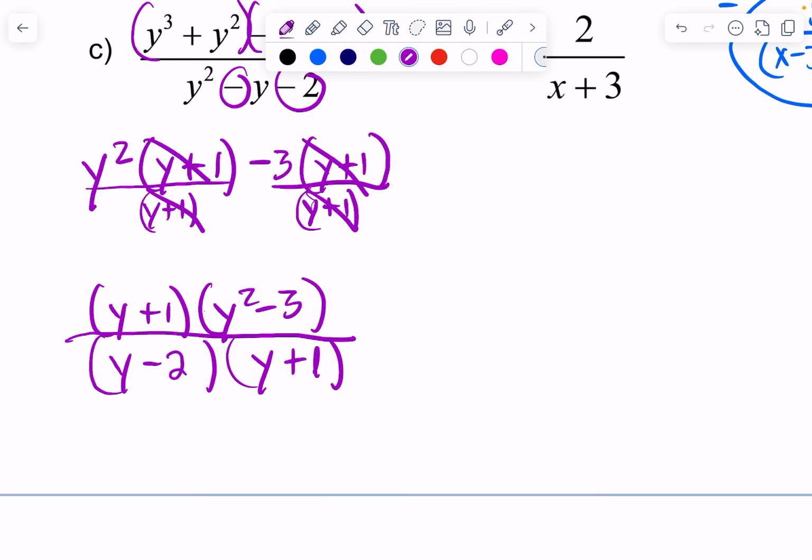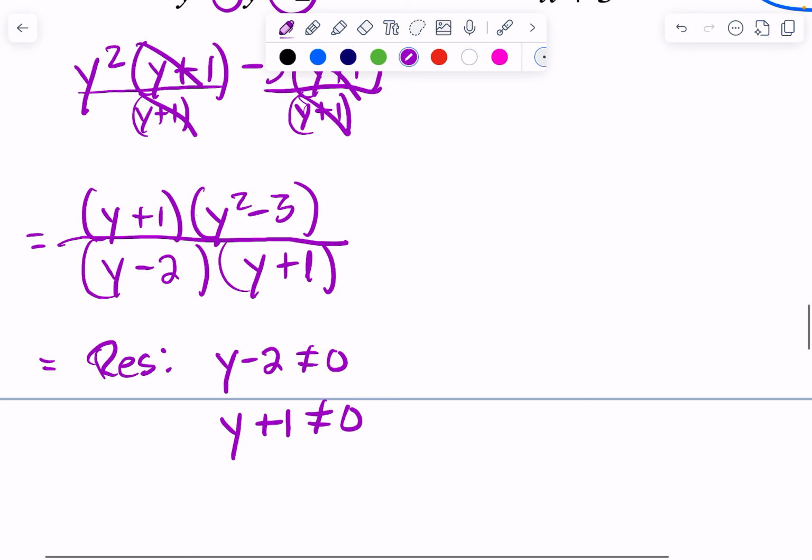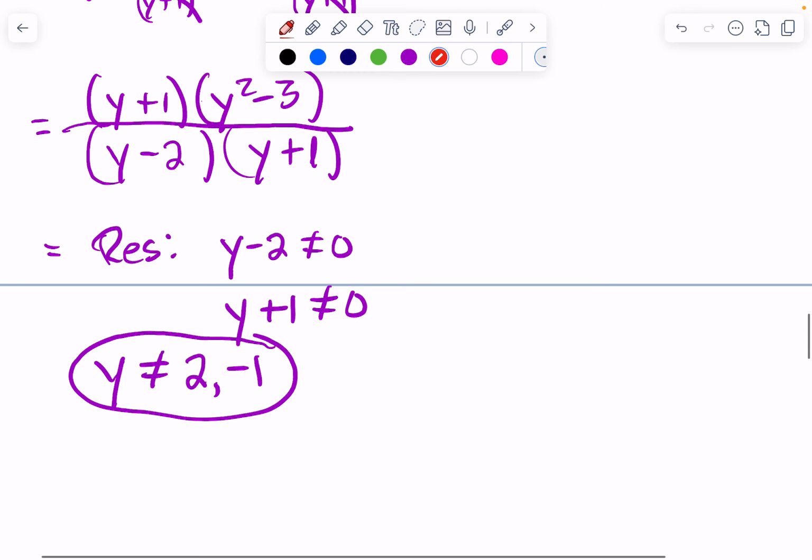Okay, step 2, that's factoring, that's step 1. Step 2, let's go ahead and get my restrictions. My restrictions would be that y minus 2 cannot equal 0 and y plus 1 cannot equal 0. So therefore y cannot equal 2 or negative 1. And now that I have my restrictions, step 3, I can simplify.